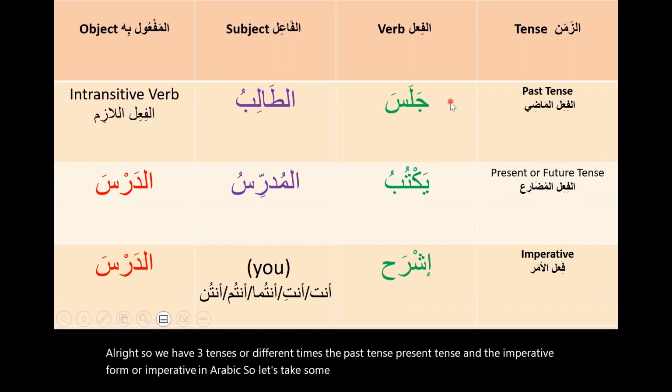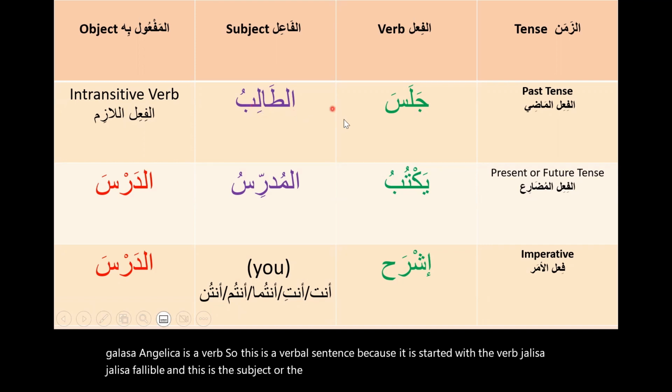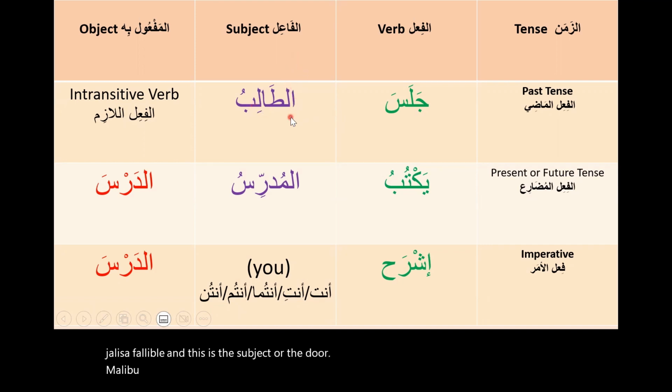For example, our verb here is jalasa, and jalasa is a verb. So this is a verbal sentence because it starts with the verb jalasa. Jalasa at-talibu, and this is the subject or the doer. There is no object for this sentence, but it's a full, complete sentence.